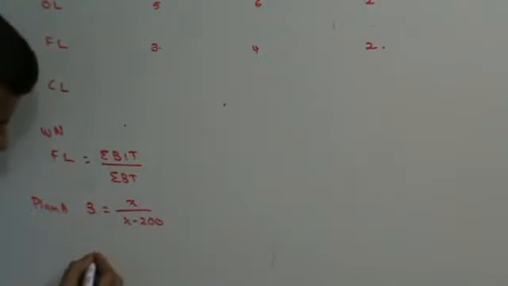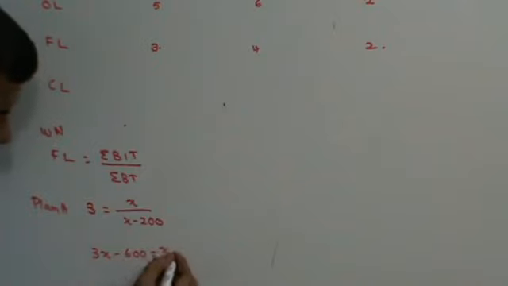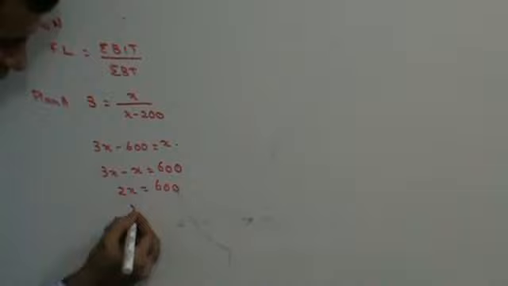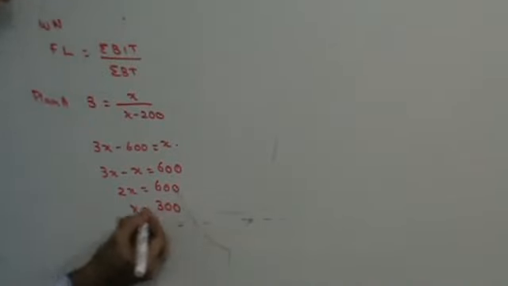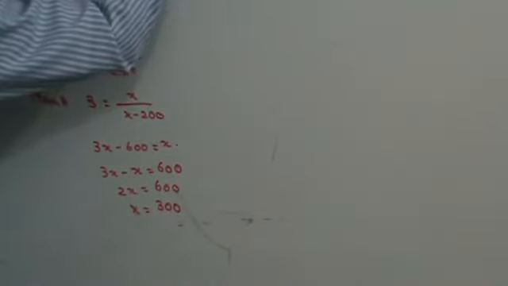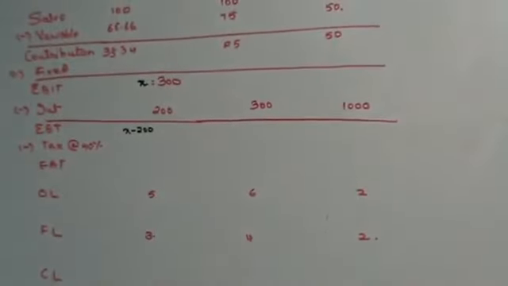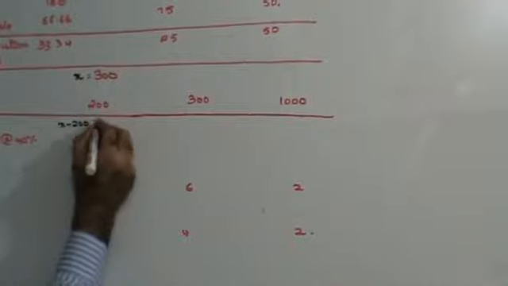EBIT is X, EBT is X minus 200, cross multiply, you will get 3X minus 600 is equal to X. Solve this, 3X minus X is equal to 600, 2X is 600, so X is going to be equal to 300. So you will come to know that your EBIT is 300. If EBIT is 300, then EBT will be 100.